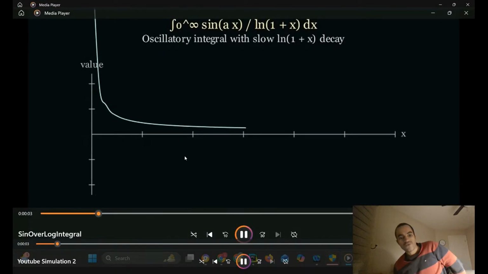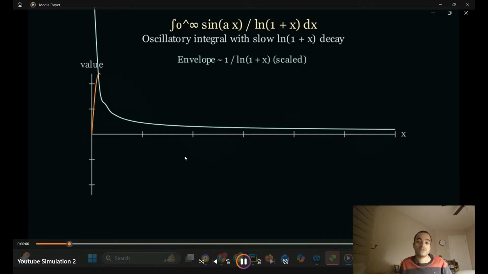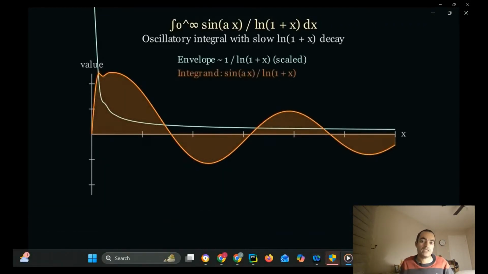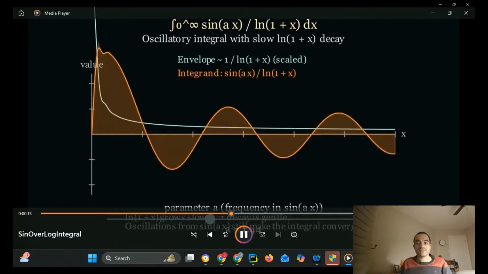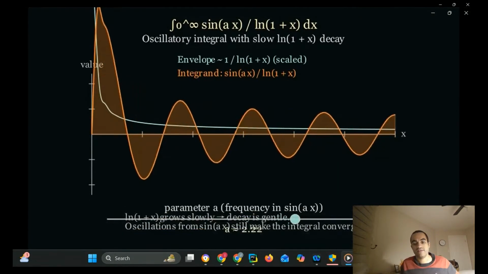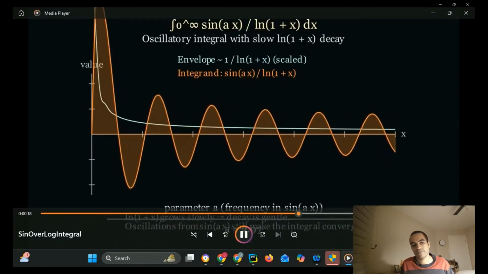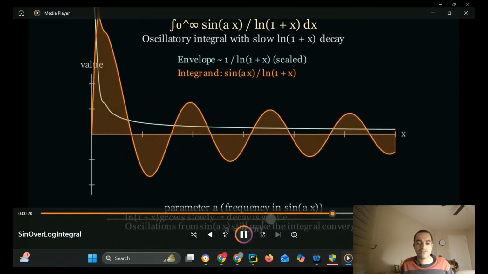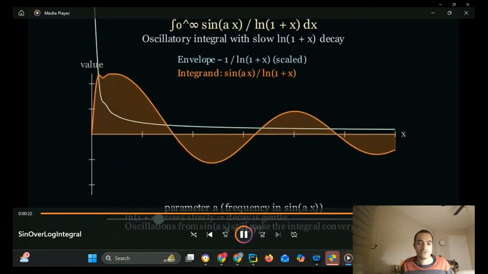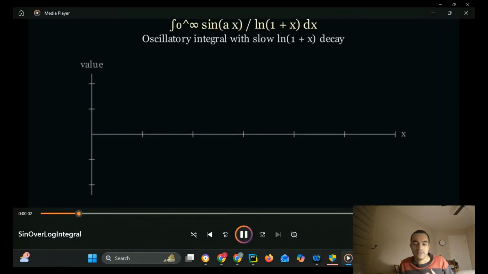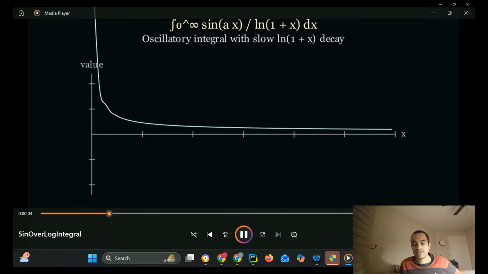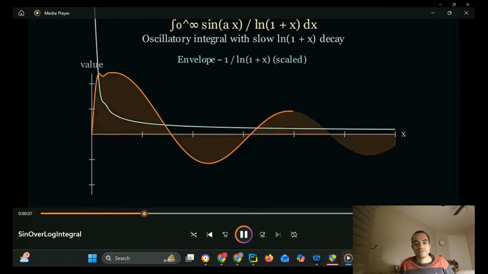As you can see here, this function is a very interesting function. We have an oscillatory integral, but ln of 1 plus x has some form of decay with it. There's some sort of exponential decay, as you can see here. I want to say an exponential curve, but we don't have an e here, so it's not exactly exponential decay.